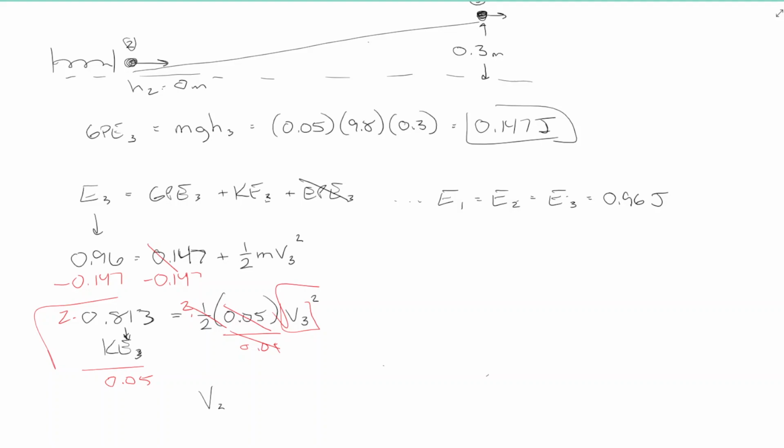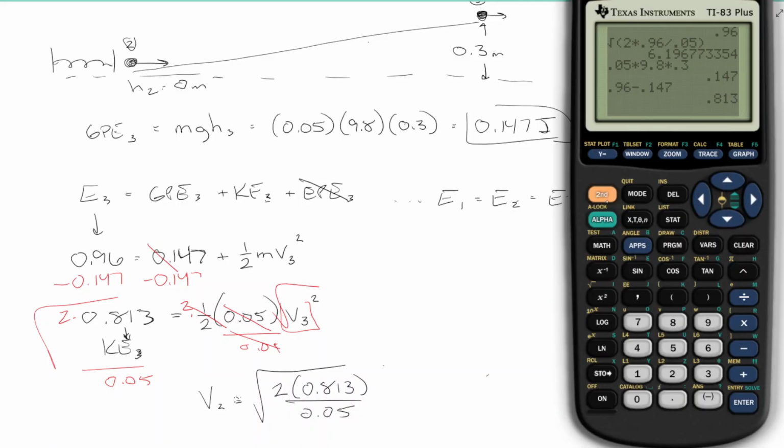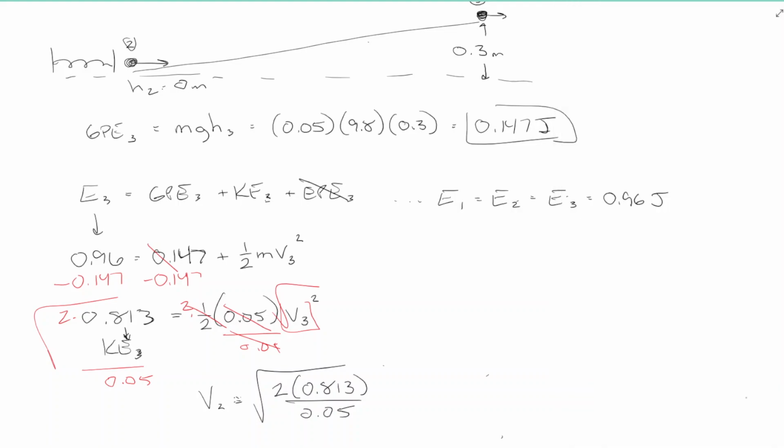And now we would have the velocity at 3 is equal to the square root of 2 times my kinetic energy at that point that I found, 0.813, divided by the mass of the ball. So I'll pull up my calculator. I'm going to take the square root of 2 times the answer that I just got, 0.813, divided by 0.05. And I have a new velocity at the top of the ramp of 5.7.